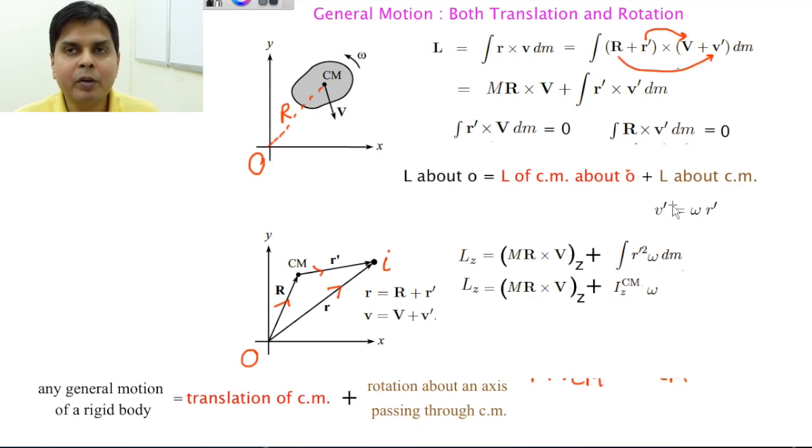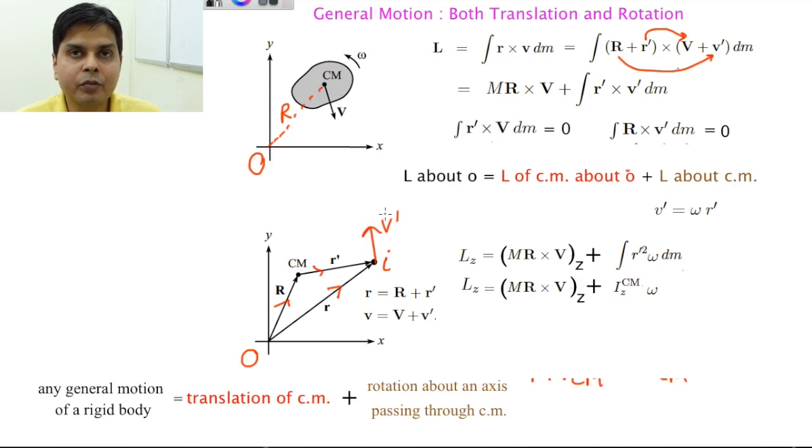Because the moment the body is rigid, that particular particle, say this I, cannot move along this direction. It cannot go further from center of mass. Suppose this particle is at a distance of 10 centimeter from center of mass. It cannot increase it to 11 or 12, neither can it decrease it to 8 or 7. So this V prime has to be in a direction perpendicular to this R prime.